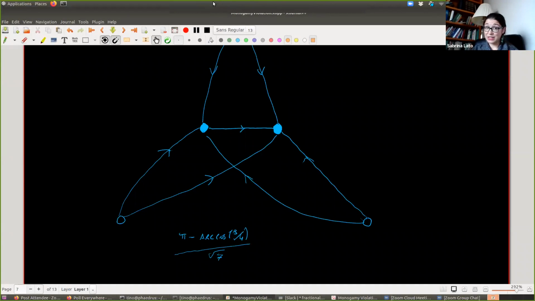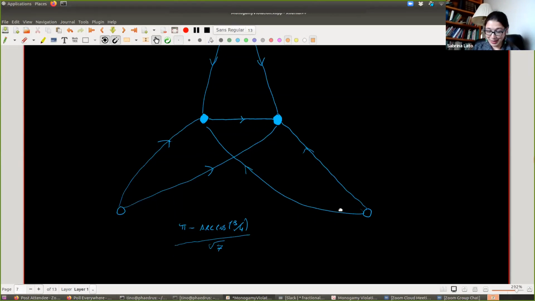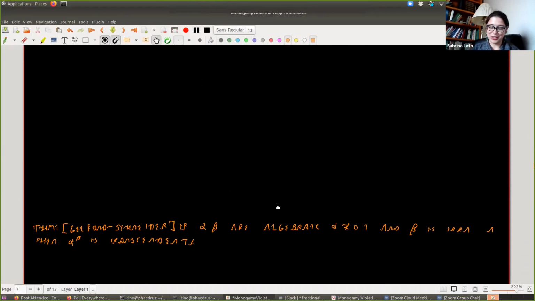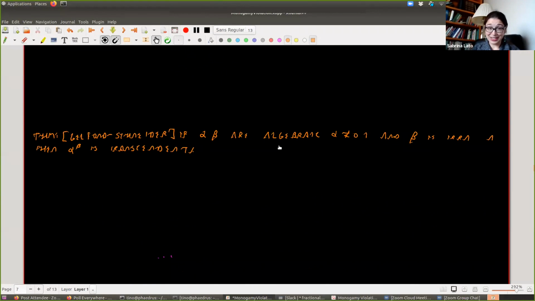This is the time that perfect state transfer appears in this graph, which you can see is not a rational multiple of pi over the square root of 7. The arc cosine of 3/4 is very much not a rational multiple of pi. However, despite majority opinion and this graph not behaving the way you'd want it to, it is in fact true.